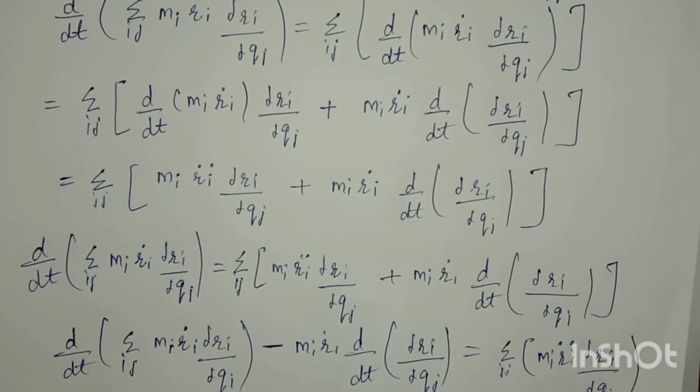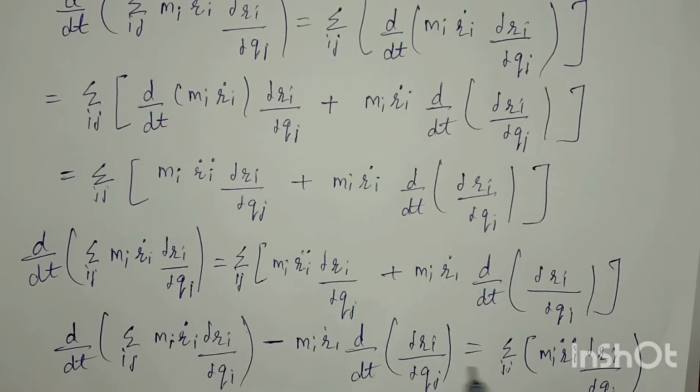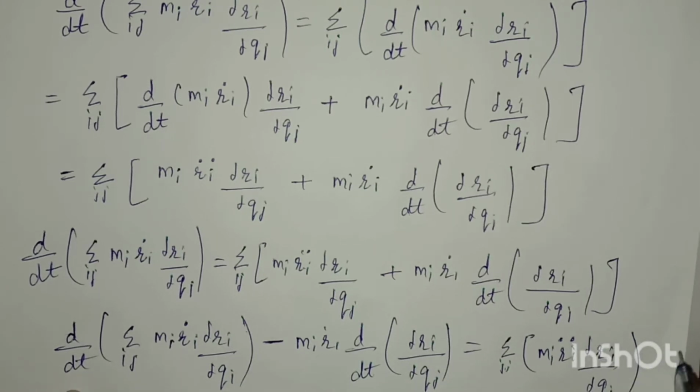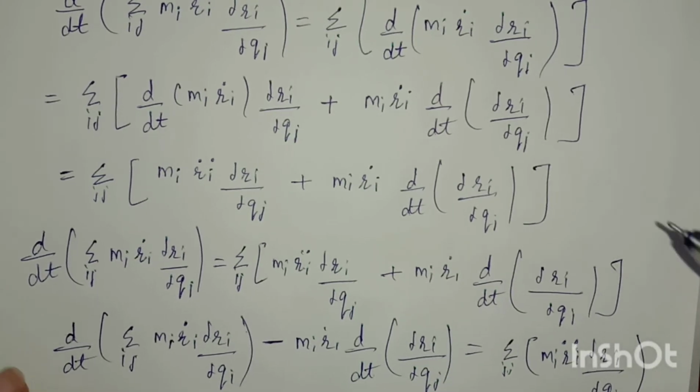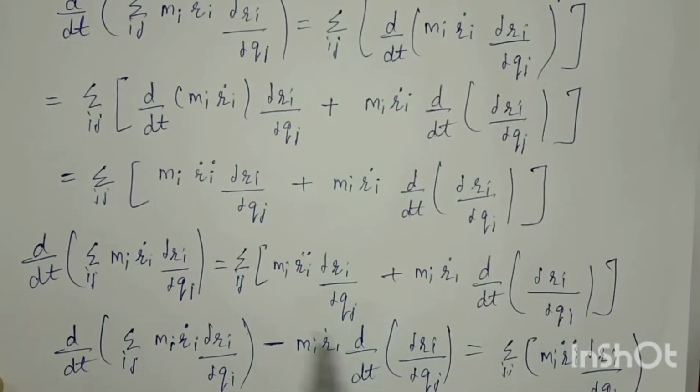That means all this equation is equal to this one. Now we have to put the value of this equation, that means we can write this equation in terms of this.